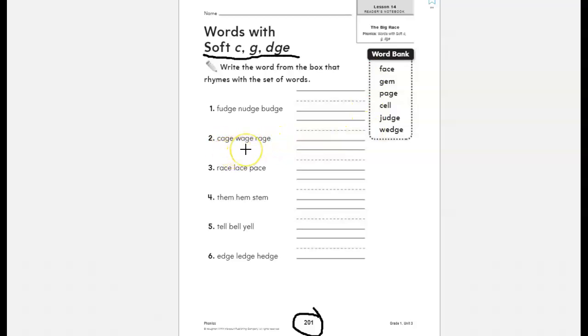Would it be face, gem, page, sell, judge, wedge? Choose the word from the word bank that best matches with these words here. Then write the word in the blank. If you need more time to work on a question, you can just pause the video as you need.